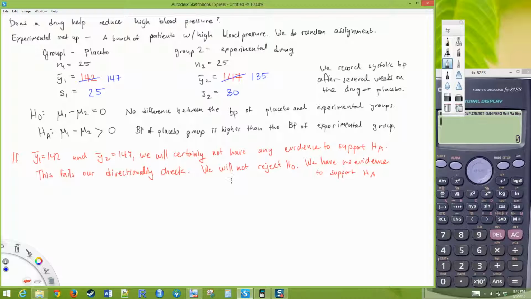So now we check the directionality. This time y bar 1 is 147 and y bar 2 is 135. In this case, our values for y bar 1 and y bar 2 match the directionality of our alternative.